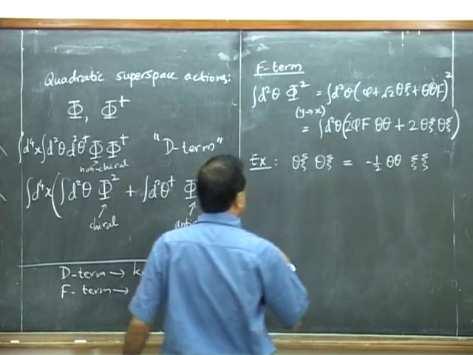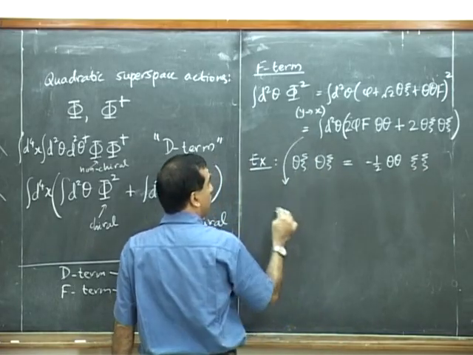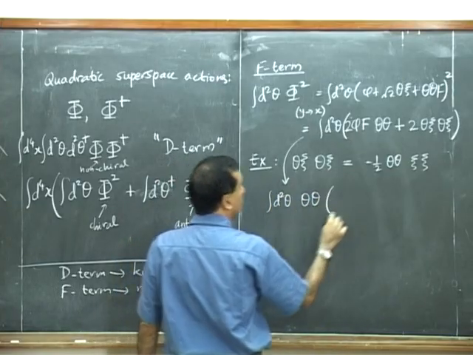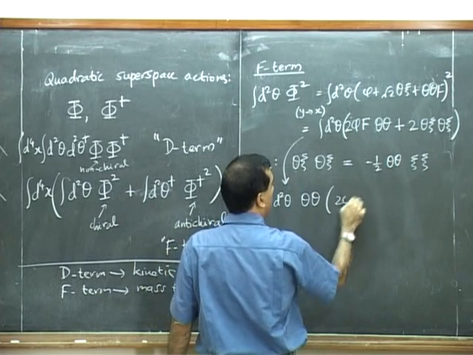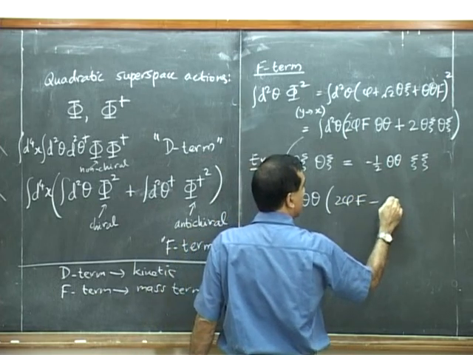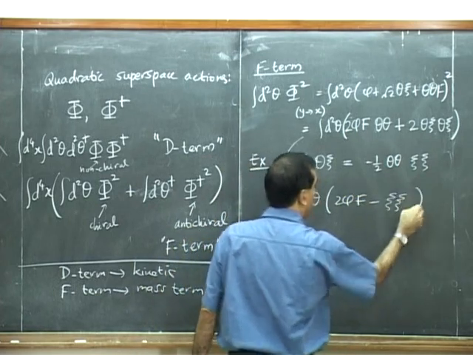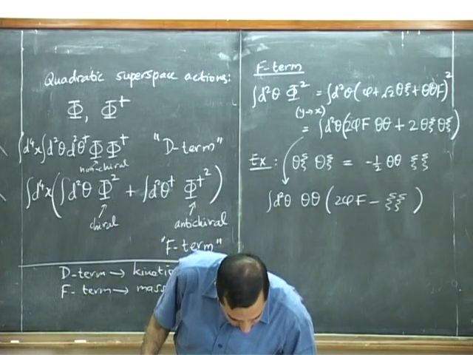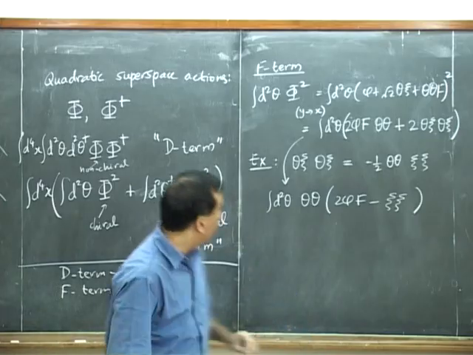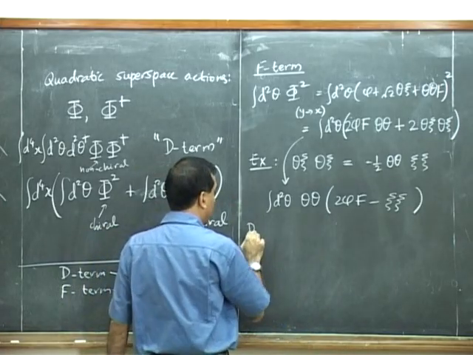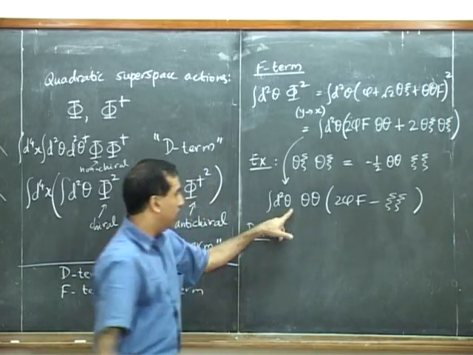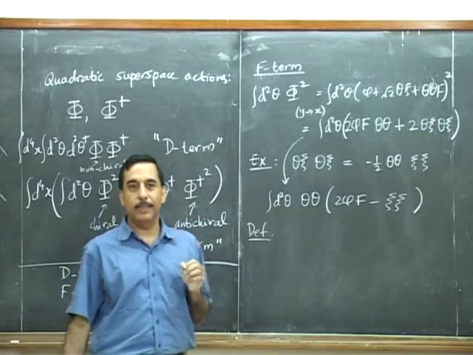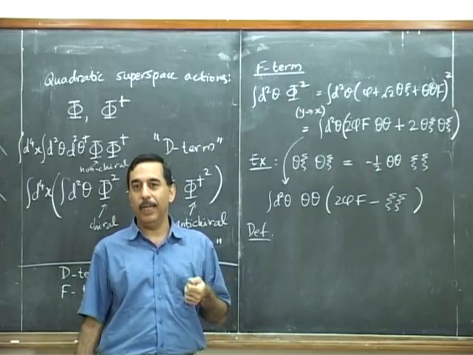Okay. So with the use of that formula, this becomes d2 theta times theta theta times (2 phi F minus psi psi). Now the last step is we have to figure out what is d2 theta. What is the meaning of d2 theta? See, we have normalized each d theta, but you know that in complex analysis d2z is not dx dy.